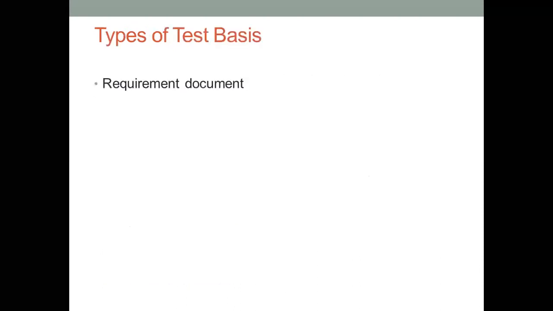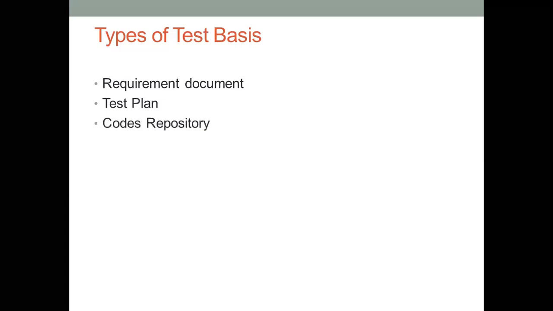Then types of test basis. So which are the types? First is the requirement document. So what is the requirement that we write in that? Second is the test plan. When you get the requirement, then you have to create a test plan.